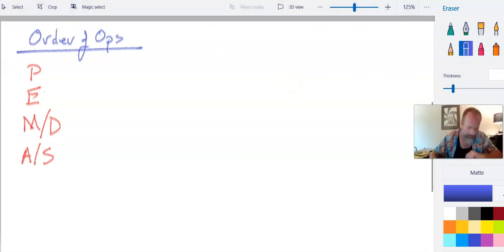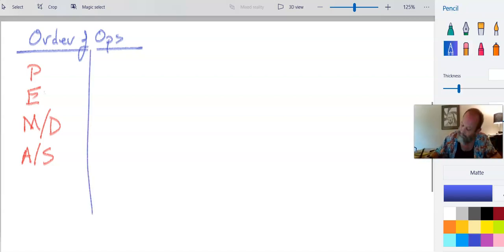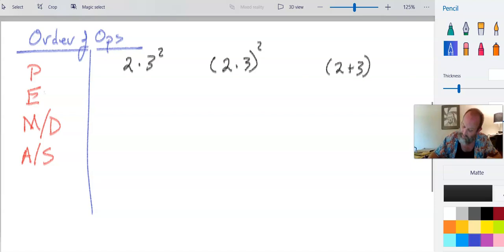Okay, so for our next round, I got 3 of them here. Let's do this. Oh, I'm still on eraser. There we go. Let's look at 2 times 3 squared, 2 times 3 squared, and 2 plus 3 squared.